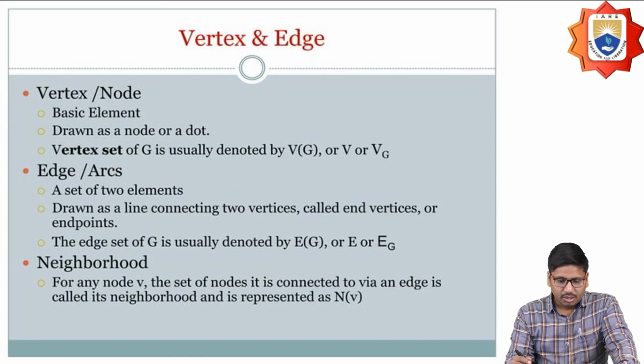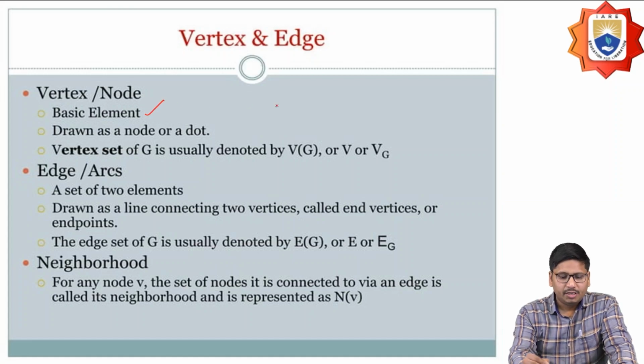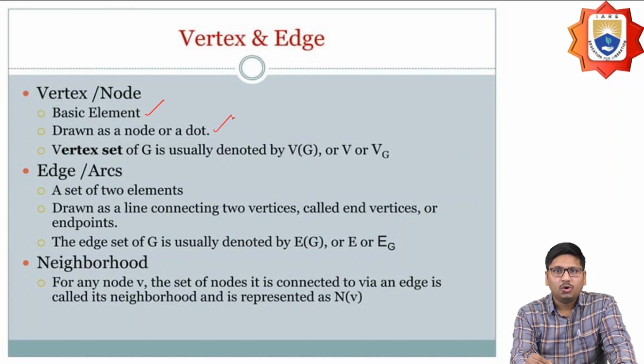So what is a vertex and an edge here? The vertex, or node, is the basic element and is drawn as a node or a dot.